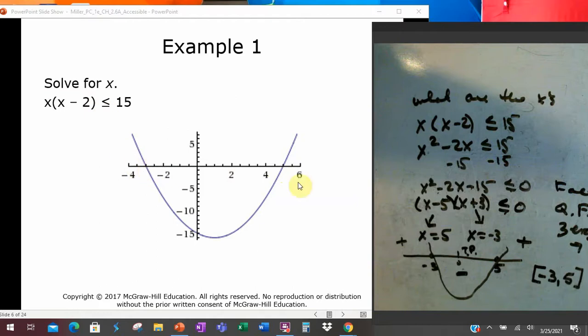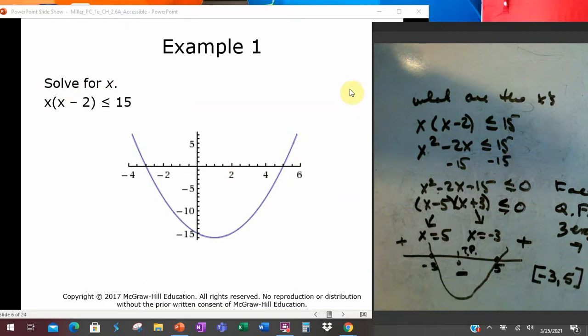Negative 3 included all the way up to 5. Now this graph is the graph of this. This doesn't have a graph. This is just asking for something. This is just an inequality. Going through this process develops a graph, and then we can look when we compare it to 0.